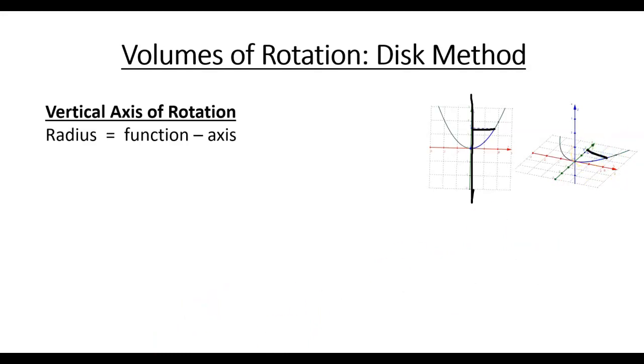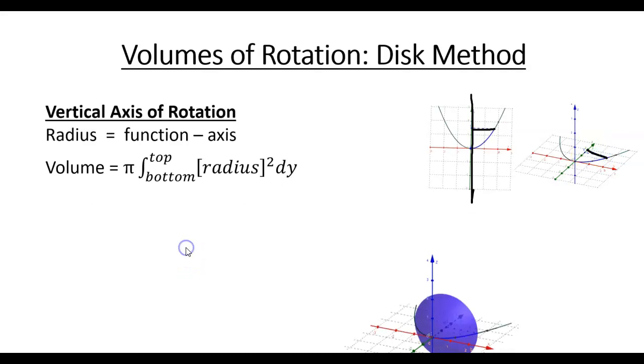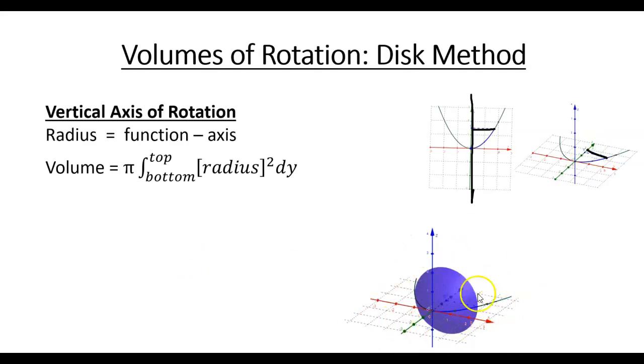Now, the way that you're going to do this is pretty much the same. You're still going to create a volume. It's just going to be rotated vertically instead of horizontally. It's still pi r squared, but the difference is that your integration is from the bottom endpoint up to the top endpoint. Instead of left to right, it's bottom to top. And also, it's with respect to y, and therefore your functions need to be in terms of y.